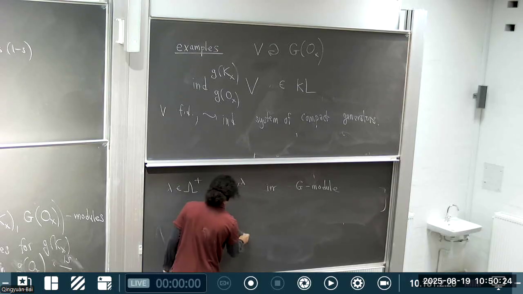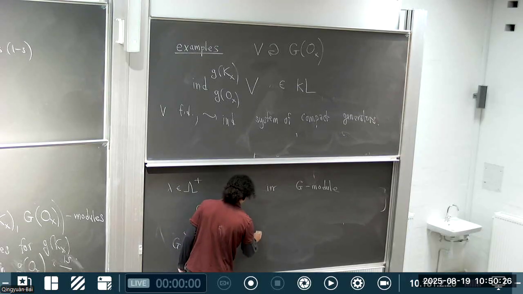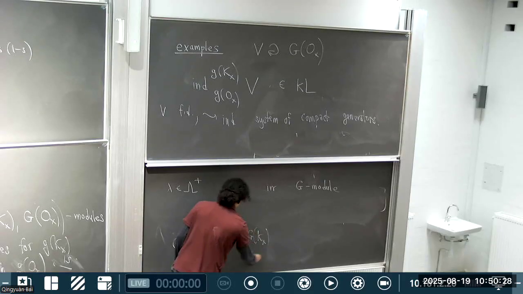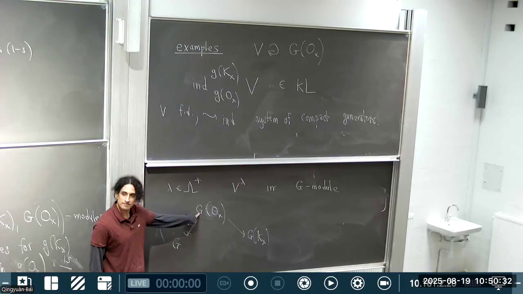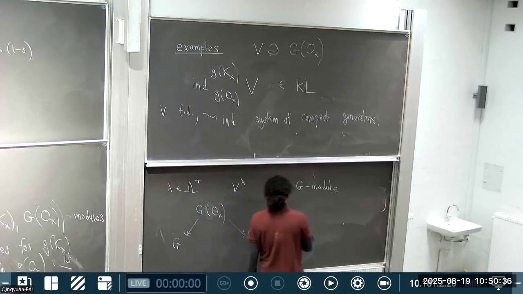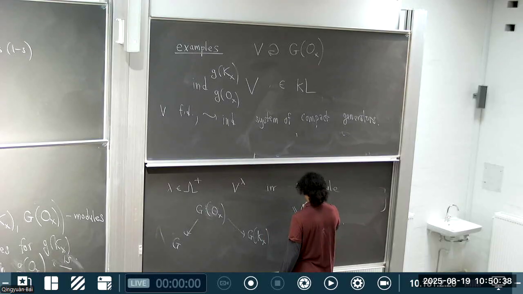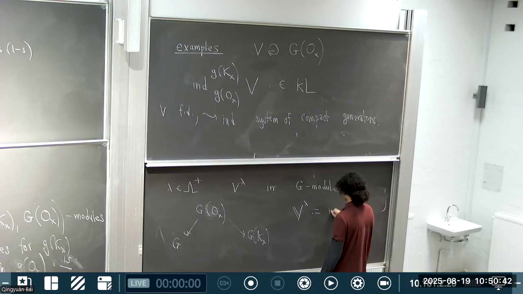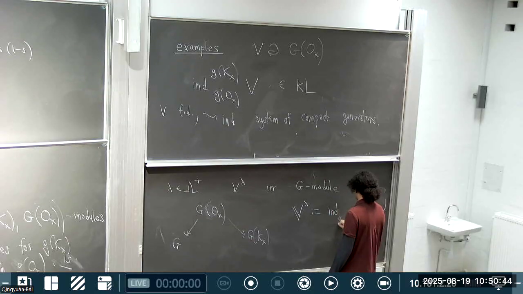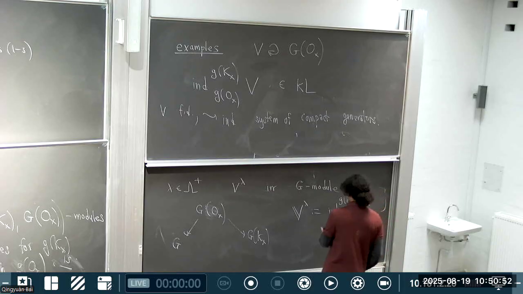So there's some sort of parabolic induction diagram. Basically, I can take this representation of the finite dimensional group, inflate it to view it as a representation of this arc group, and then induce it. By definition, this is the induction from O of U of K, which is V lambda, and we call it the Weyl module.